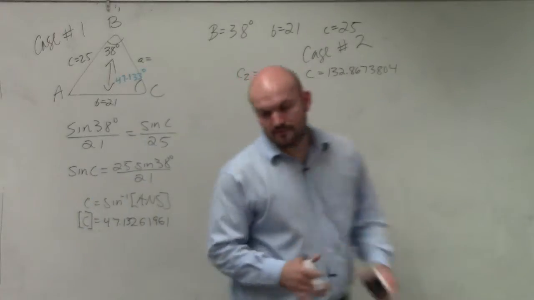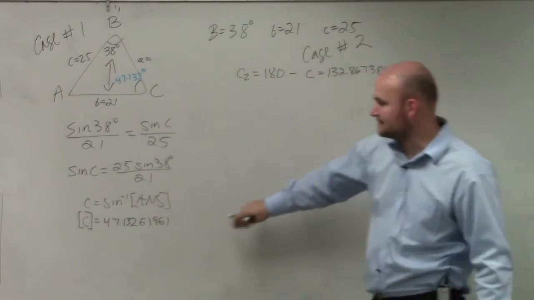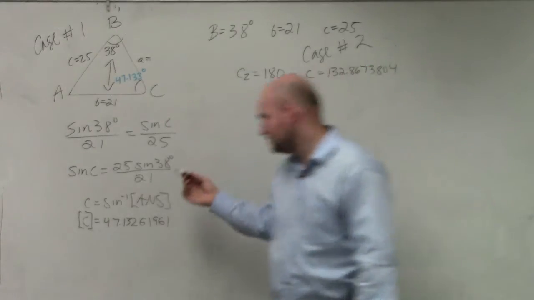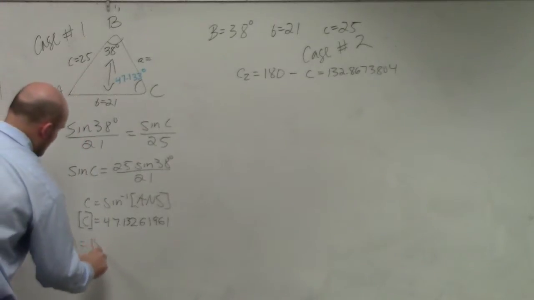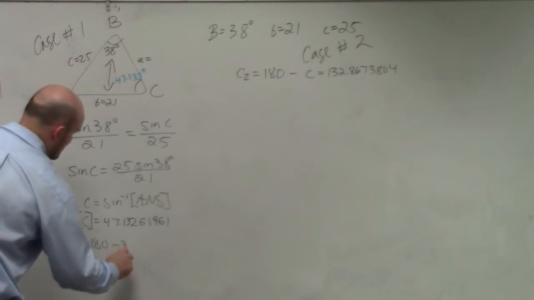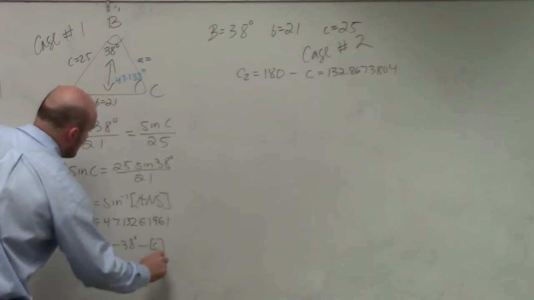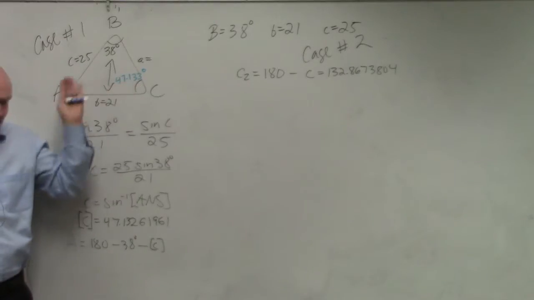But we have a second case, which is going to be our C2, which I'll get to in a second. But now we found C. Can we figure out what A is? Yes. Angle A equals 180 degrees minus 38 degrees minus C. Do not use your abbreviated answer.